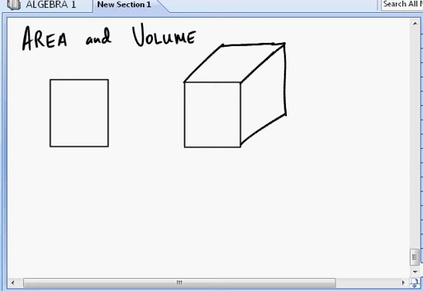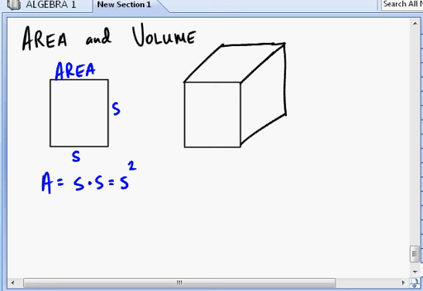All right. We find the area of these by doing side times side. Area is S times S. Or you could write that as S squared. It's only 2 S's, right?